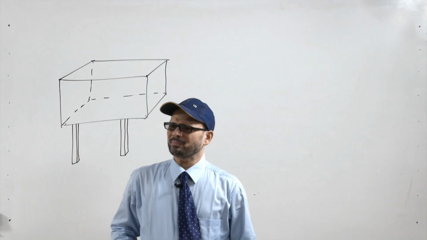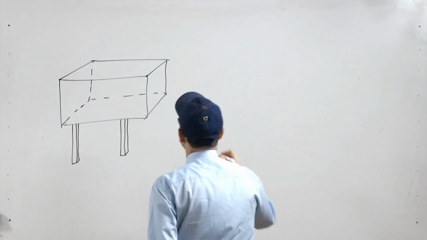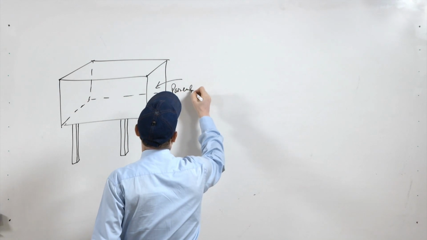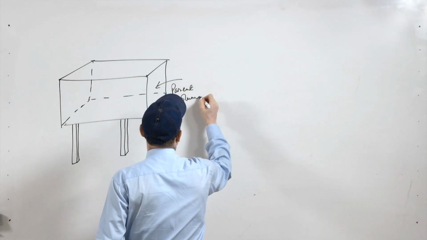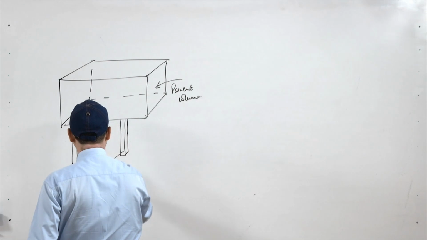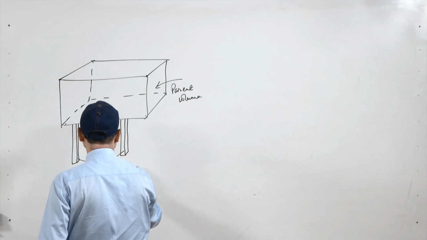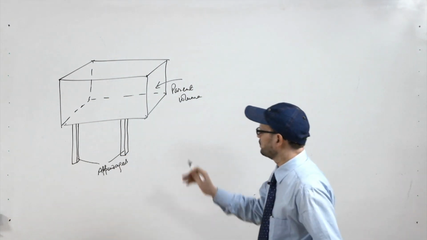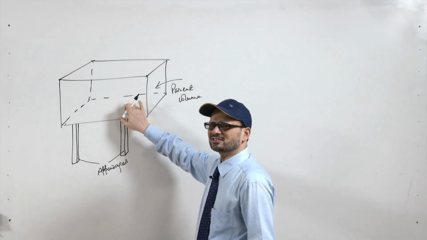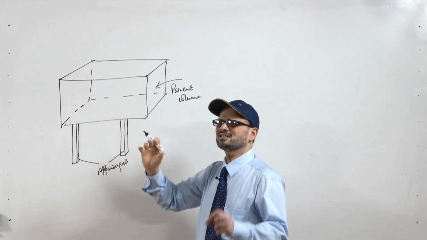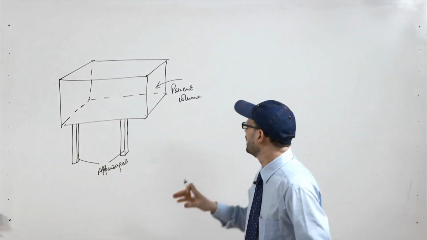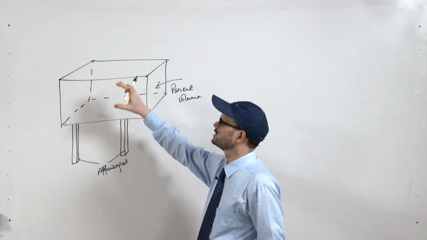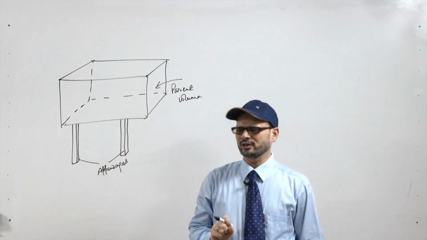This is your parent volume and these are known as appendages. When we cast this material, you need a certain volume of the riser to feed this and to see that there is no shrinkage while casting this component.